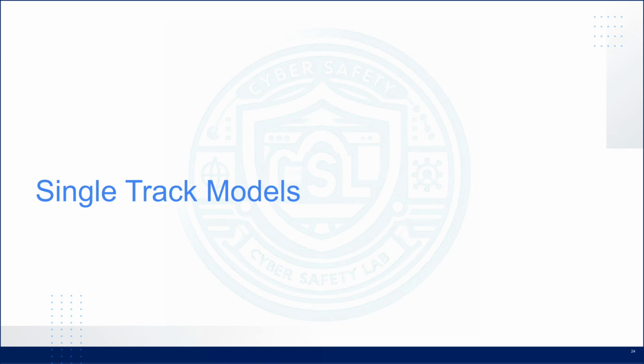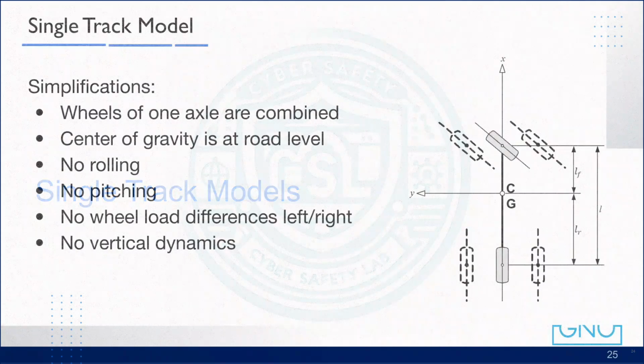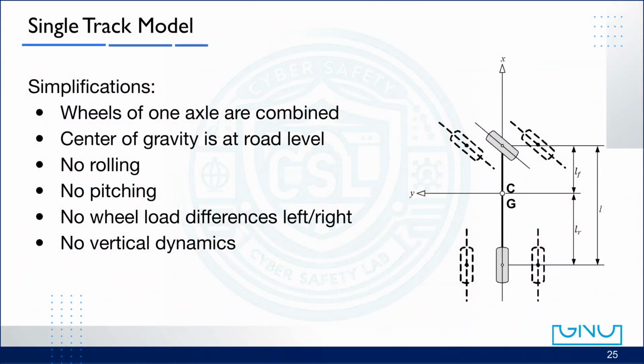control and simulation. The single-track model relies on a few simplifying assumptions. First, wheels on each axle are combined into one equivalent wheel. That's why it's called a single track. Second, the center of gravity is assumed to be located at the road level. Third, there is no rolling or pitching motion, meaning we only consider motion in the XY plane.